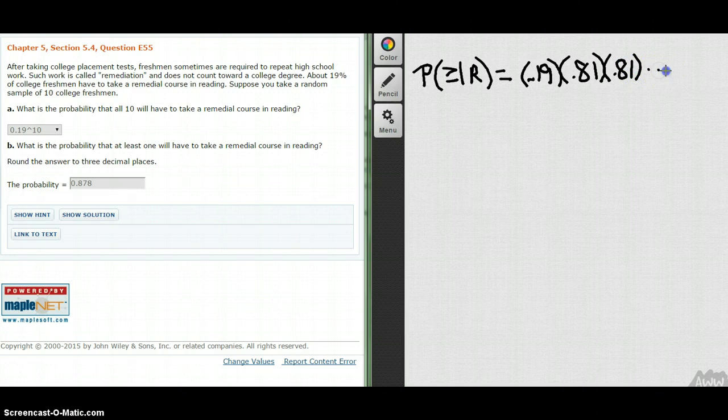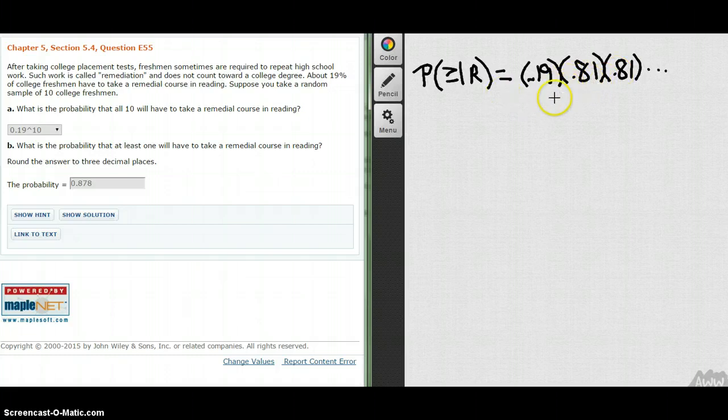But we run into two problems here. First of all, we don't know how many students are in remedial. It could be 1, but it could also be 2, might be 3, could be all 10, and all of those would satisfy this condition. The second problem is we don't know that the first person did get remediation. Even if the first person we chose didn't get remediation, so this was a 0.81, we still could have had someone later on get the remediation.